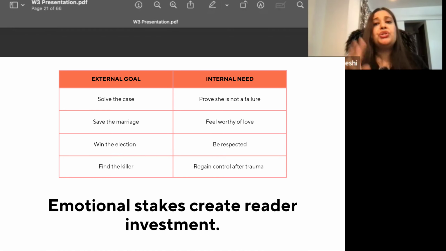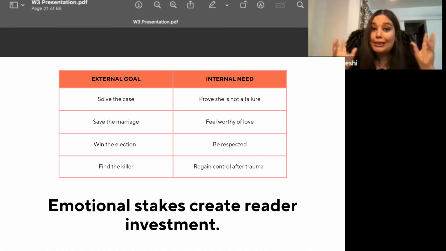This is why two stories with the same plot can feel completely different emotionally. Because what matters is not just what the character is doing, but what emotional hunger is driving them underneath. This emotional layer is what creates actual depth. Without it, characters feel functional rather than realistic and relatable.